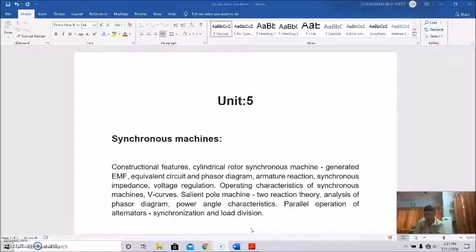In our last class, we discussed induction machines, particularly the three-phase induction motor and the single-phase induction motor. We learned their constructional features, principle of operation, the revolving field theory, cross field theory, different starting methodologies, and different single-phase starting motors.